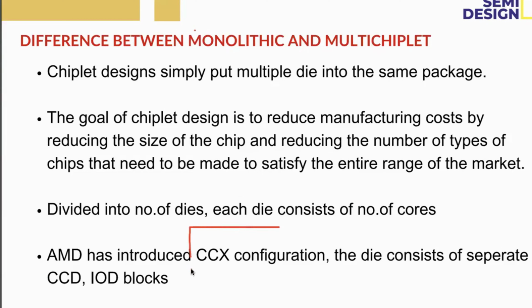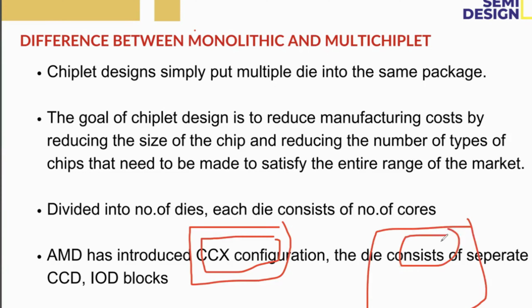See, suppose this is the monolithic. Monolithic means only one block is there, but in multi-chiplet there are 2 dice. Okay, 1 die and 2 dice. Suppose some defect is there in this die. What happened? That defect will affect the entire die. But here in the same place, one defect is there. So is it affecting the entire package?